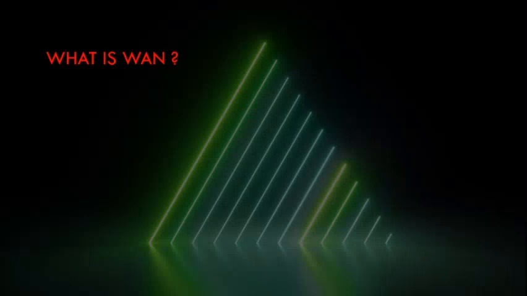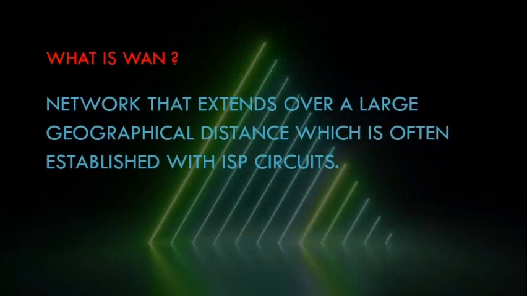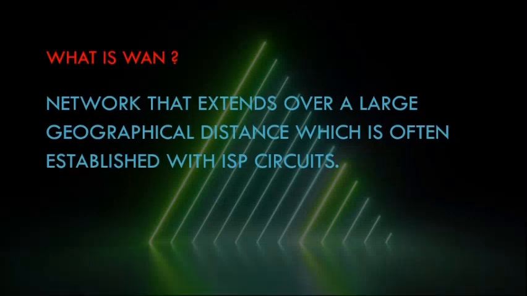A network that extends over a large geographical distance, often established with ISP circuits, is a WAN. The biggest example of a WAN is the internet. Consider one country with lots of provinces, seven or eight. Each province works like a LAN, and lots of provinces connected together is an example of a WAN.